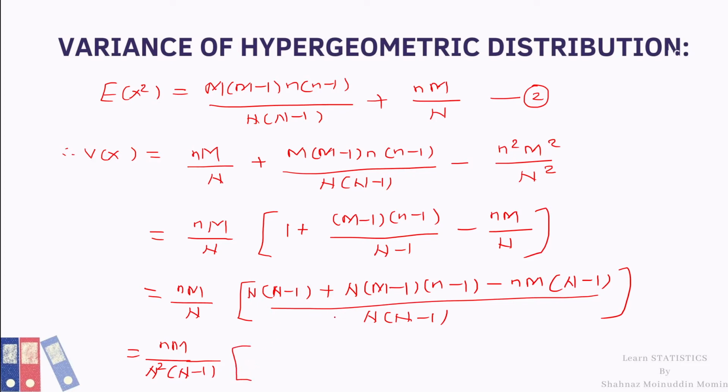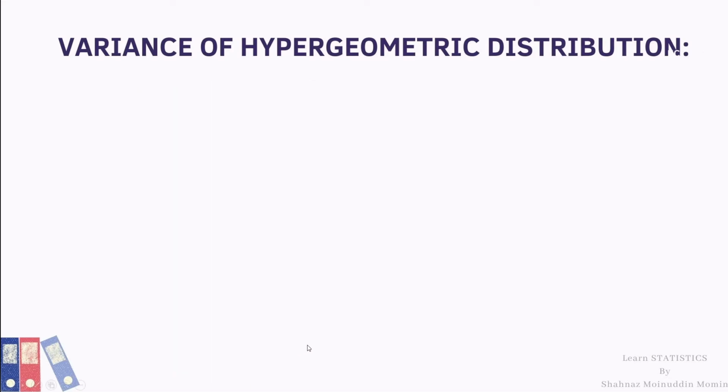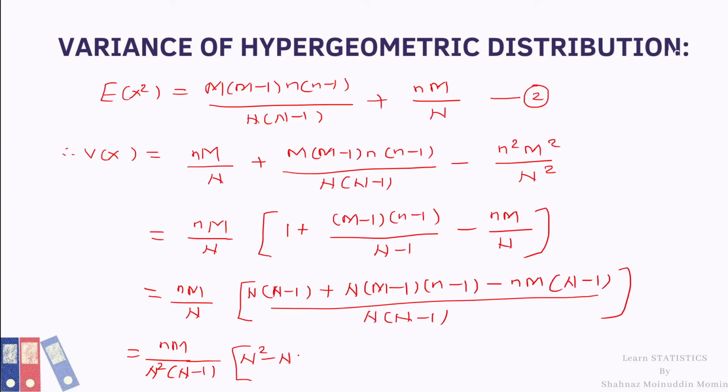By multiplying all the terms inside, we get n square minus n plus n m n minus n into m n plus n minus n m n plus n into m.